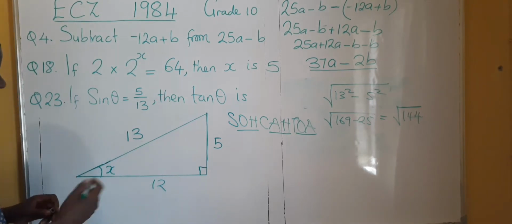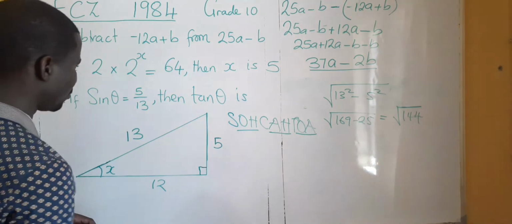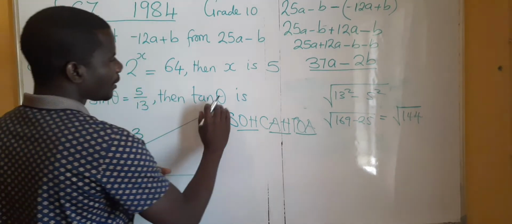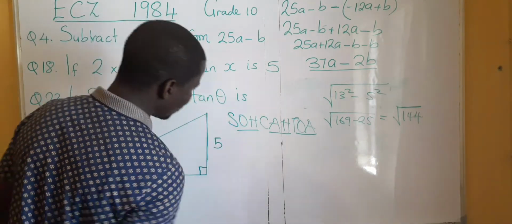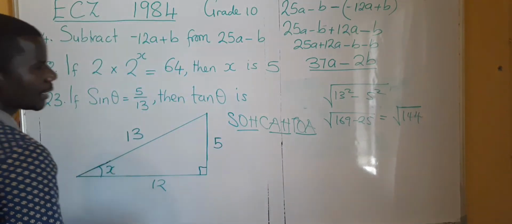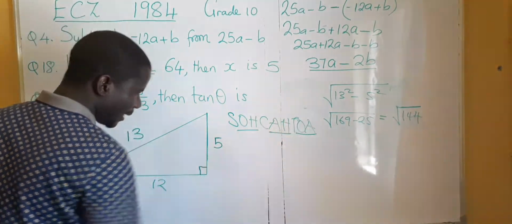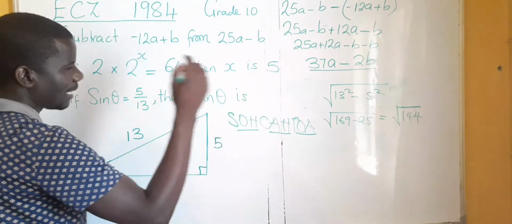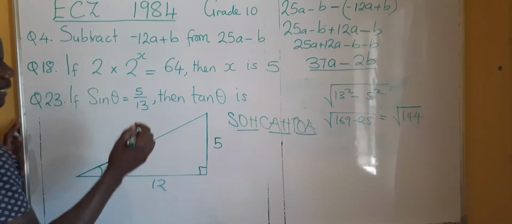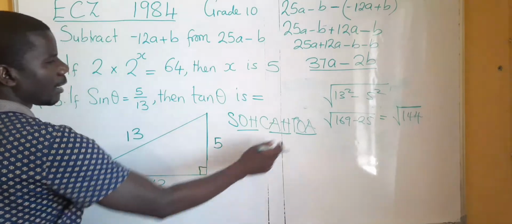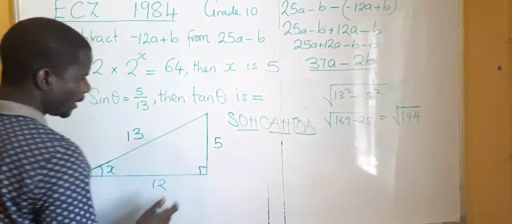So now, after we have this one, we can go and say, what about the tangent? What is tangent? Tangent is equal to opposite over adjacent. So tan theta is equal to the opposite over the adjacent.